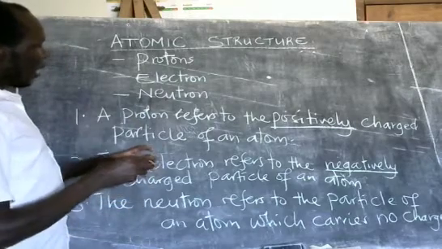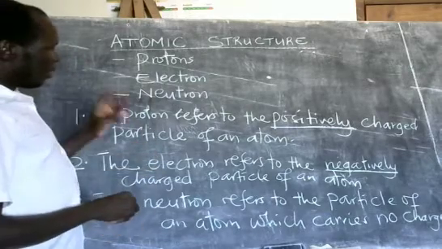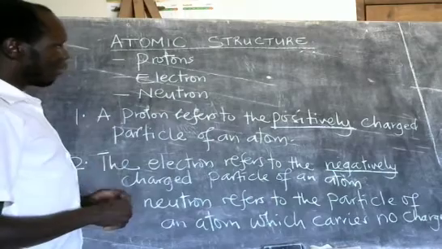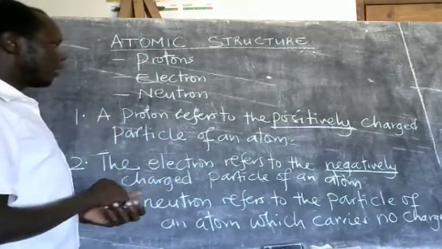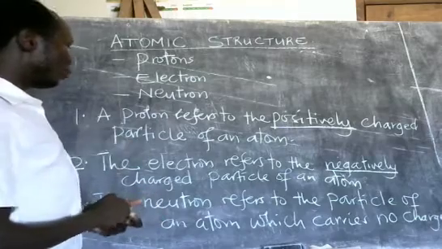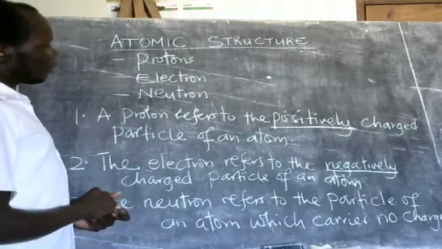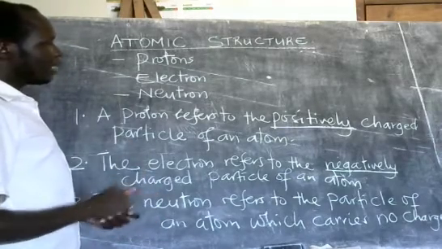So in the nucleus of an atom, there are only two particles found there, that is the protons and the neutrons. Then the electrons are found outside.